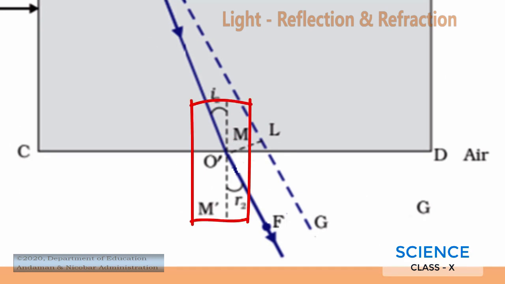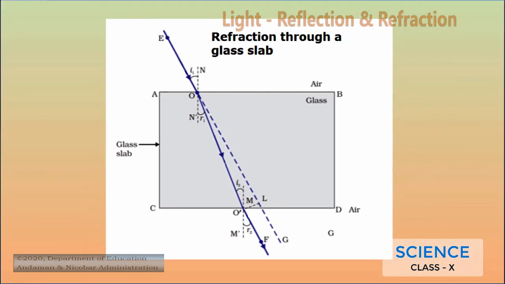That means in a glass slab, we need to draw two normals. That is, when the incident ray strikes initially at the side AB, that will become N dash. And when the refracted ray from the glass slab emerges out at a point O dash, one more normal we have to draw, that is M dash.